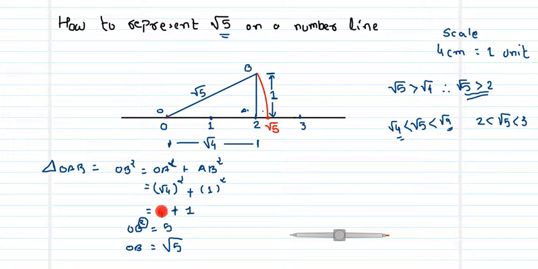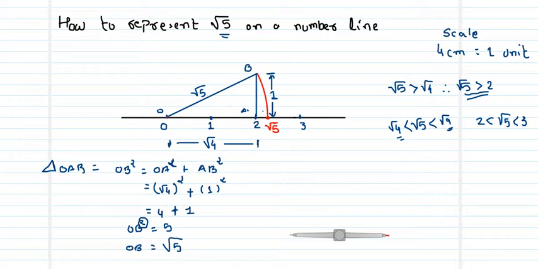Root 4 square is 4, 1 square is 1, 4 plus 1 is equal to 5. It will give us OB square. Obviously we want OB, so if we want to remove the square from this side, we have to provide a square root to the other side. So OB is equal to root 5. So this length is obviously root 5.